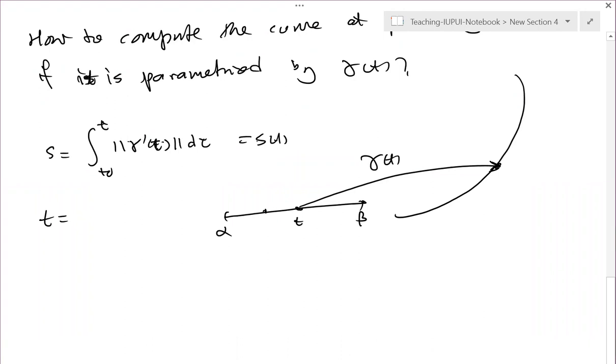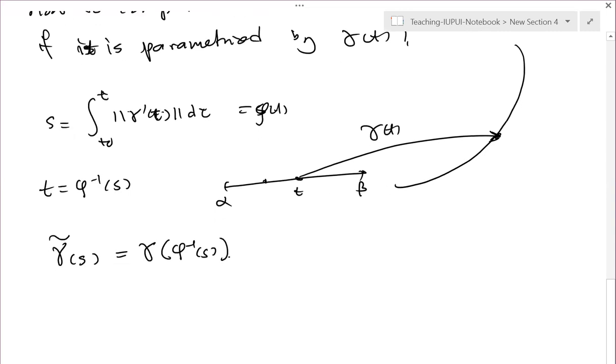I should use another notation, phi of t. Then you solve for this, and you can define the new one, which is going to be gamma of phi. Then you get a new parameterization. Then you find the derivative, the second derivative, then you compute curvature.